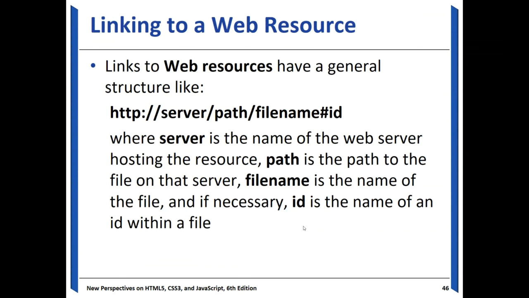Web resources have a general structure, like this syntax: HTTP, server/path name/file name, #ID. Server is the name of the web server hosting the resource. Path is the path to the file on its server. File name is the name of the file. And if you have to, the ID is the name of the ID within the file.